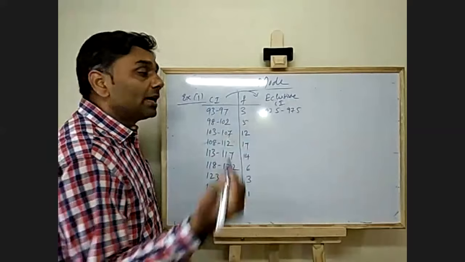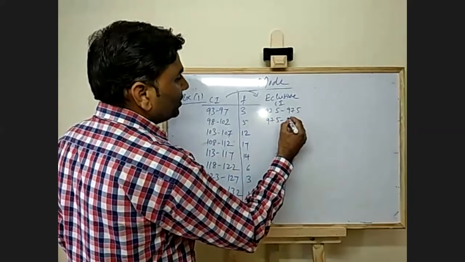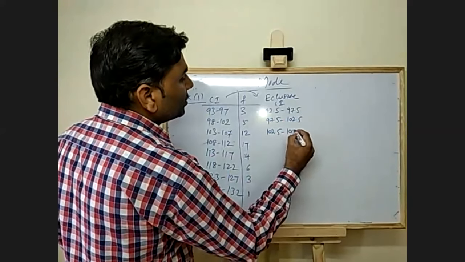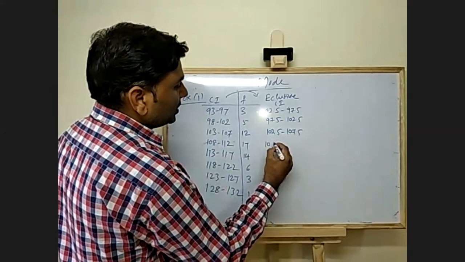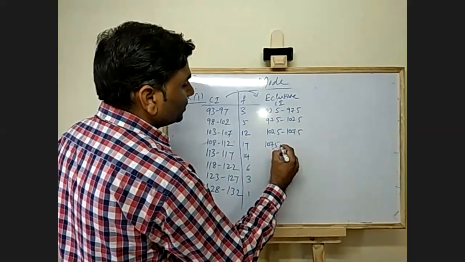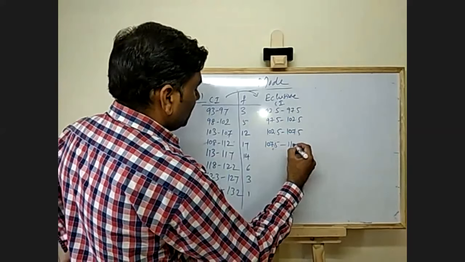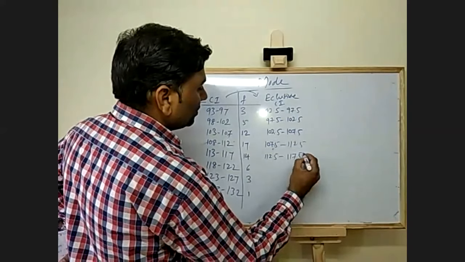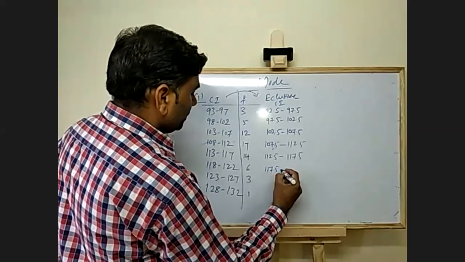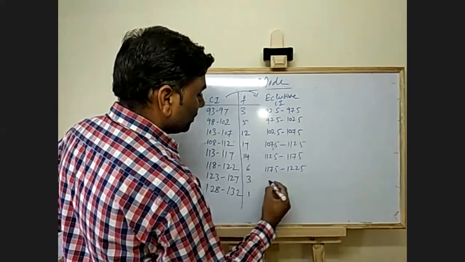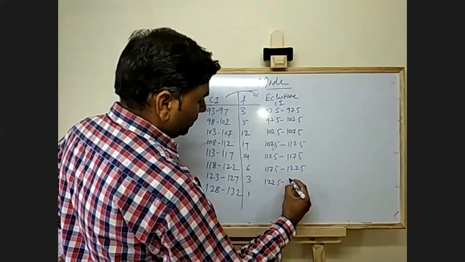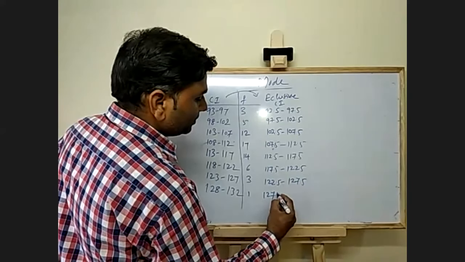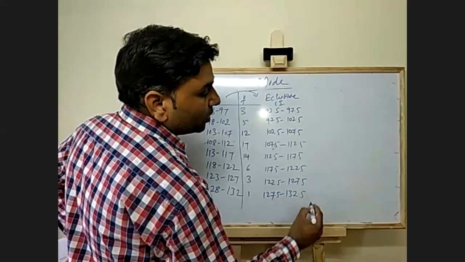Likewise, you have to do it for all classes: 97.5 to 102.5, 102.5 to 107.5, 107.5 to 112.5, 112.5 to 117.5, 117.5 to 122.5, 122.5 to 127.5, 127.5 to 132.5.